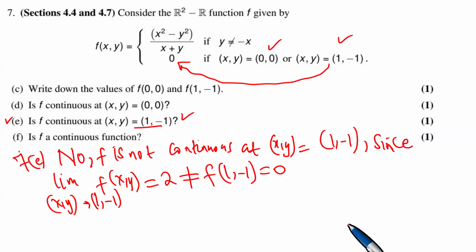Because 2 is not equal to 0, it means that f is not continuous at 1 and minus 1. So, is f continuous at x, y equal to 1, minus 1? No, it is not. Because we got the limit before, which is 2, but the value of the function is 0, and the value of the function is not equal to the limit.